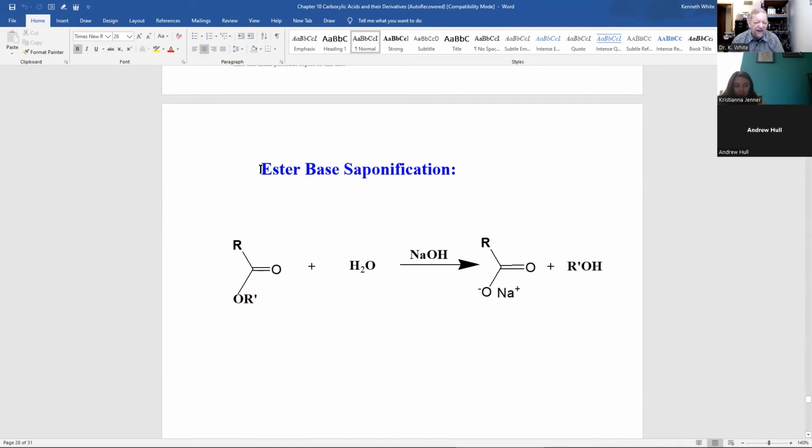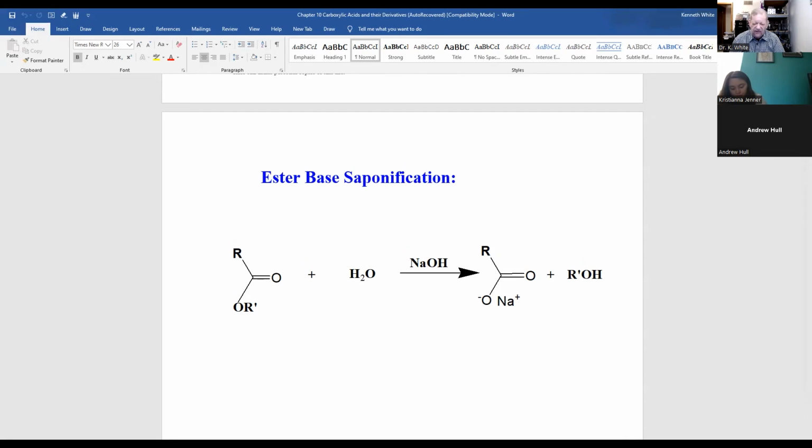And here I have ester-based saponification. I don't test on names. It could also just be called the saponification of an ester. Now here we take an ester, react it with water and a base. Now, I have sodium hydroxide. We can do other bases. So let me write that on a whiteboard.